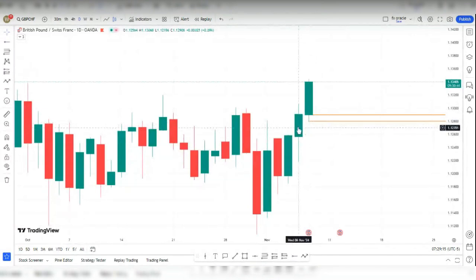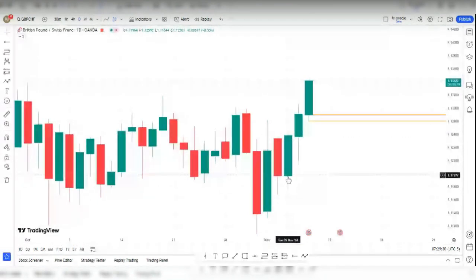So this is the opening of this candle, and this opening was the close of this previous candle. Then this is the opening of this bullish candle, and this was the close of this bearish candle.